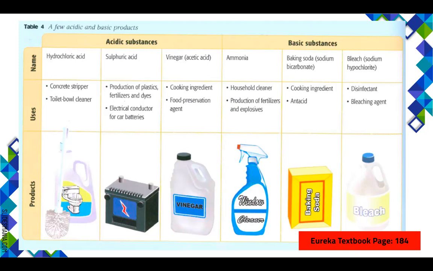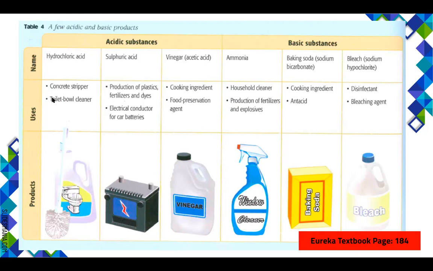Then we have sulfuric acid, used in the production of plastics, fertilizers, and dyes, and as the electrolyte for car batteries. Vinegar is another form of acid. Its scientific name is acetic acid. It is a cooking ingredient, or it's used in food preservation, right, to keep food from spoiling.